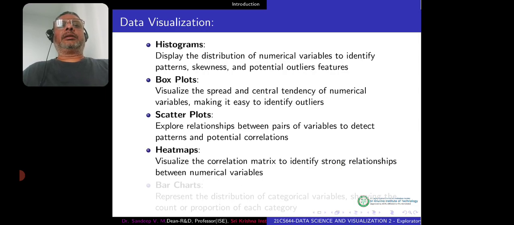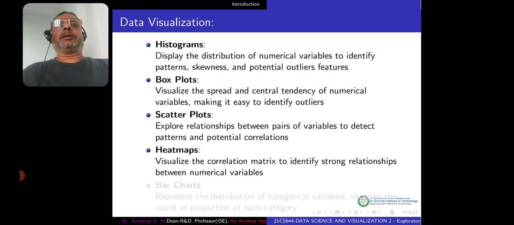Then we can plot this in heat maps. Here the correlation matrix, that is a relation between pairs of variables, is identified, and the correlation is represented using color. For the higher or stronger correlation, one side of the color is used, and for no correlation another type of color is used.